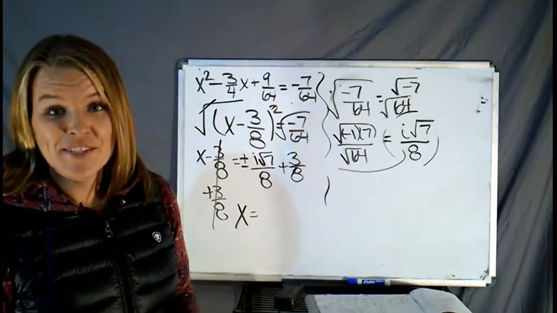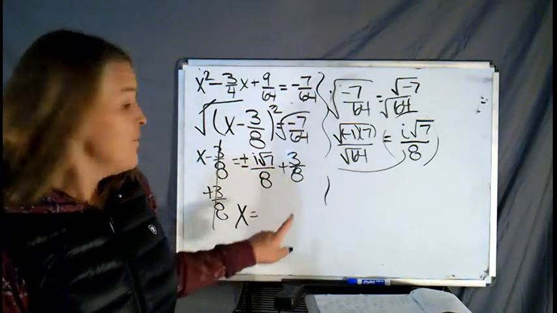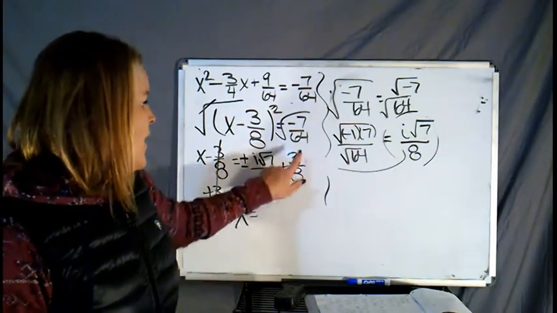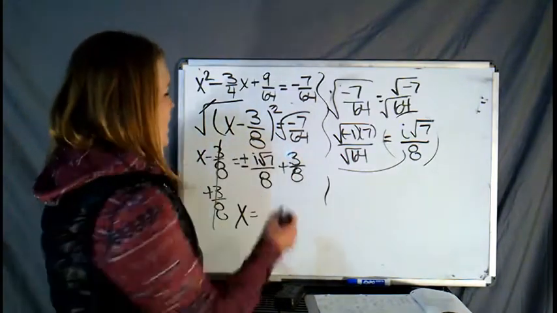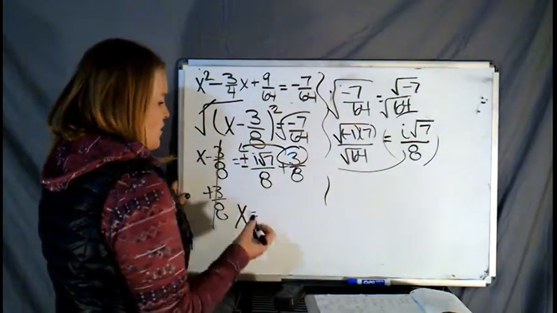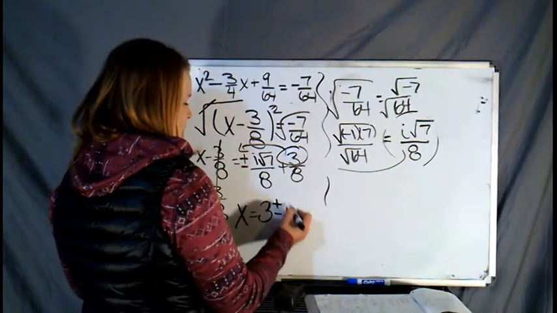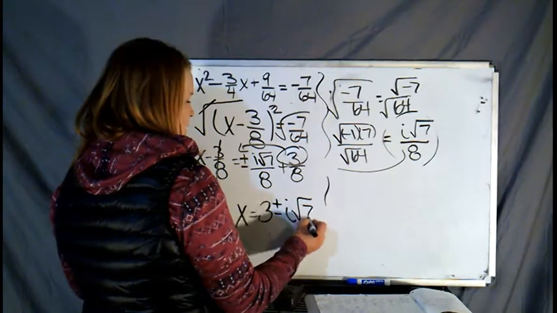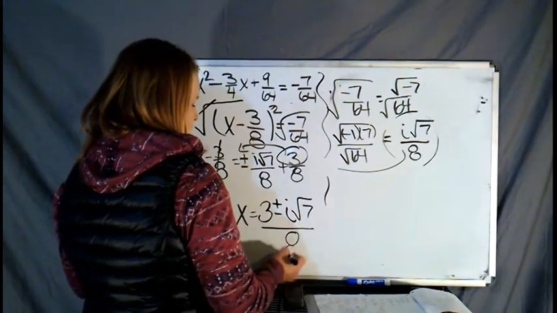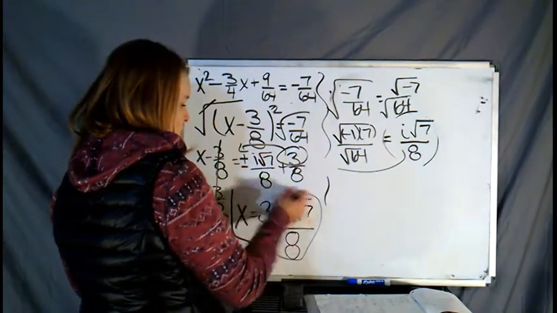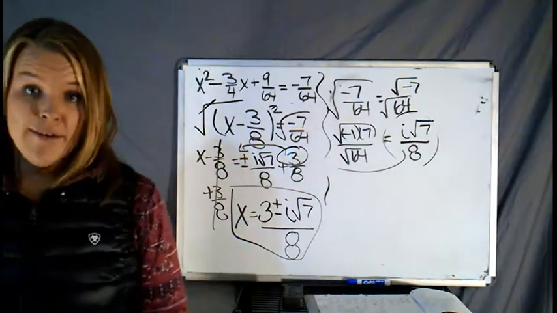We just need to make sure that they have the same common denominator, which they do, 8 and 8, and we're just going to write it. We're going to bring this 3 to the front, so x is going to be equal to 3 plus or minus i square root 7 over 8. And that's going to be your final answer.